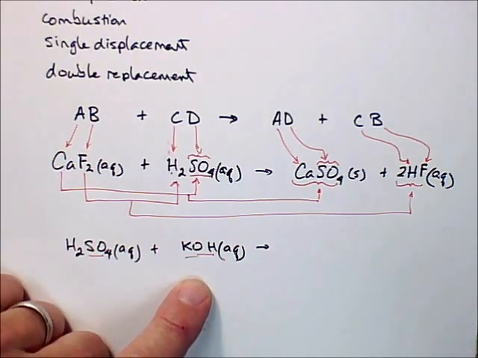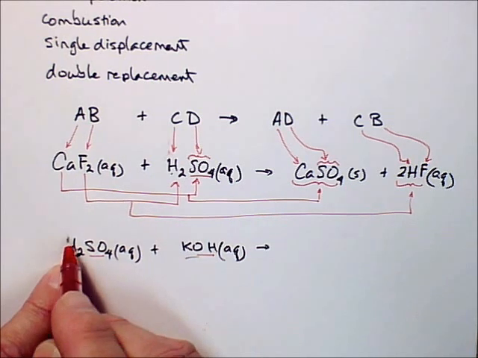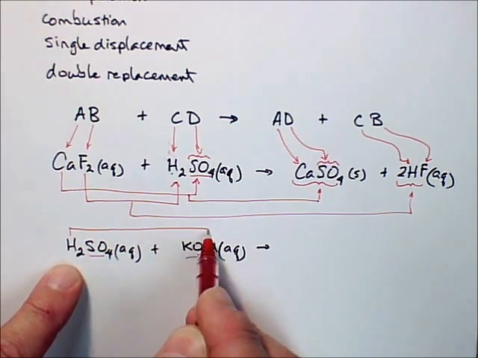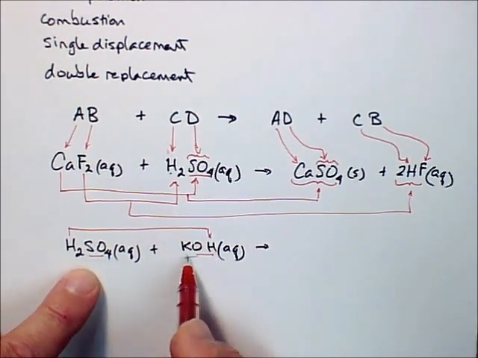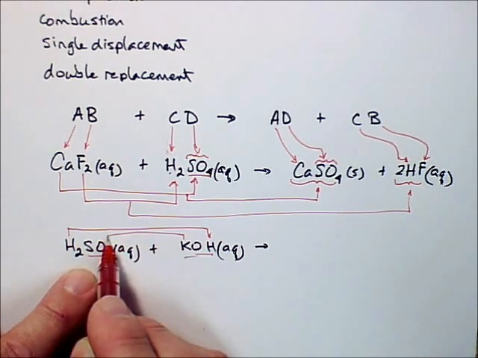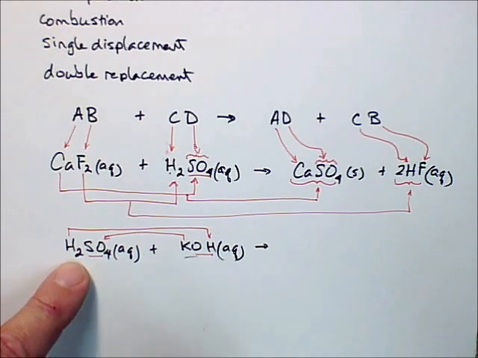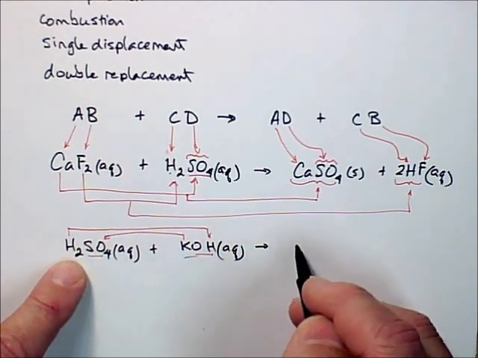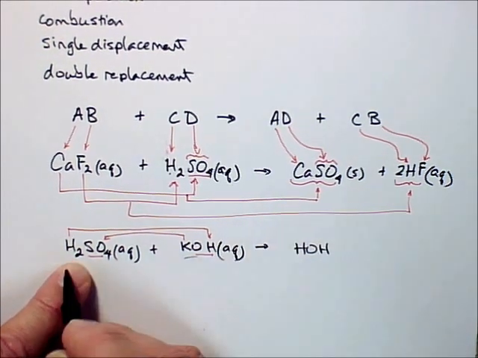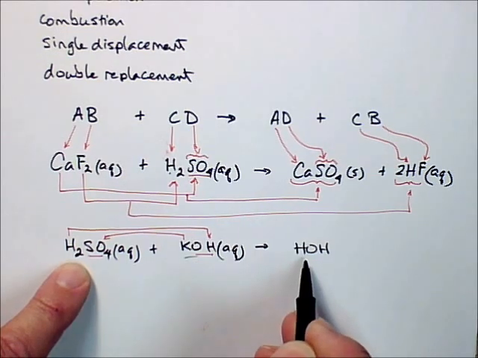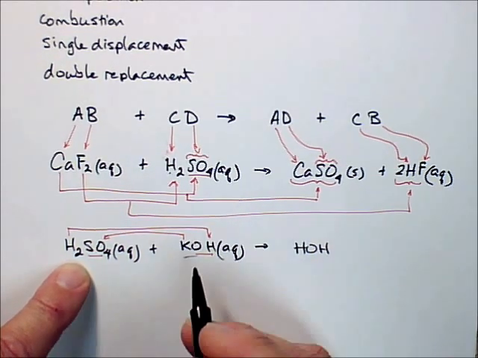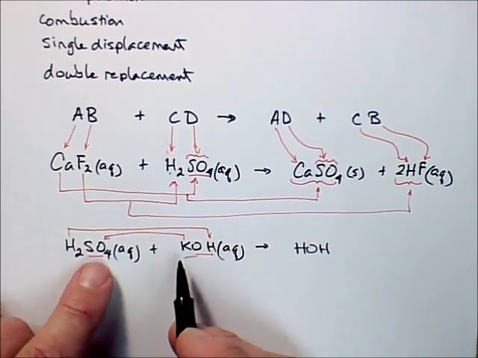So we've got two-part compounds. The front part of this needs to go with the back part of this. The front part of this needs to go with the back part of this. So H and OH are going to go together. This subscript didn't automatically transfer, and there's a reason for that. We're not getting into that yet in this class.